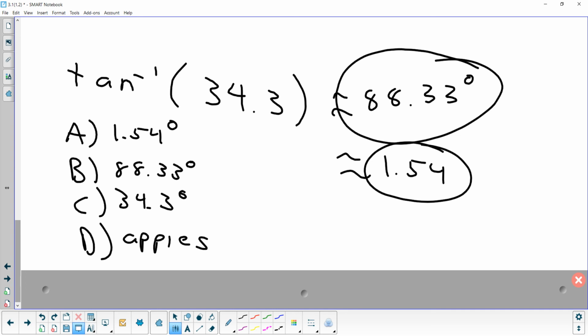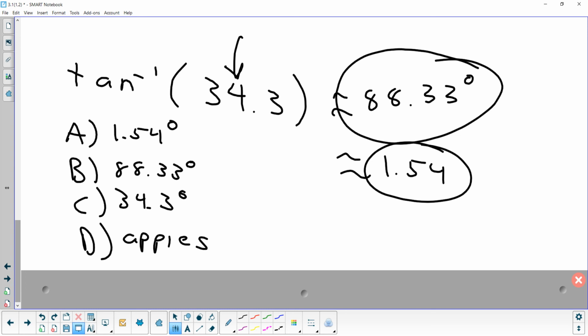Which choice is correct there? Pete? Well, the number given is in radians, I assume. Yeah. Well, remember, that number is just a number. There is actually no unit on that number at all, degrees or radians.